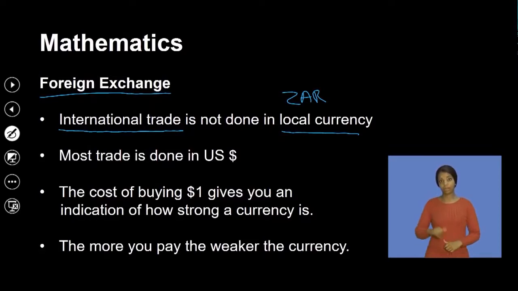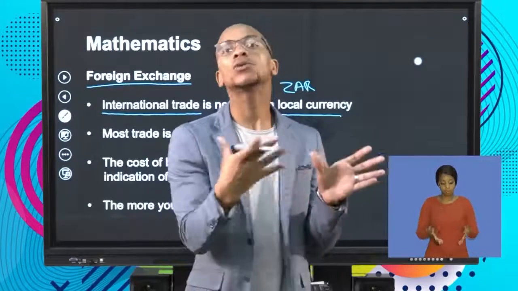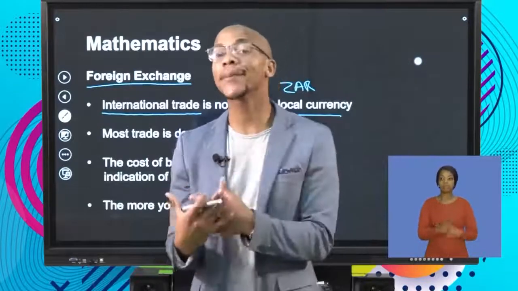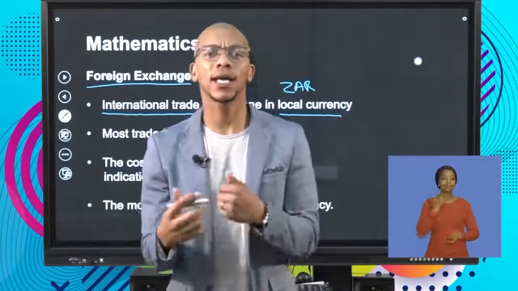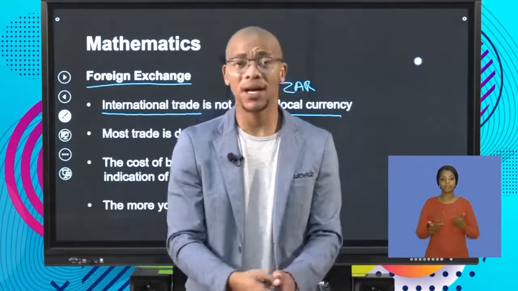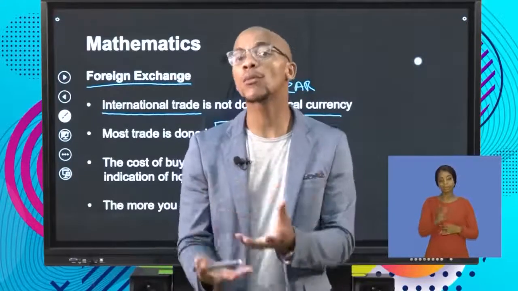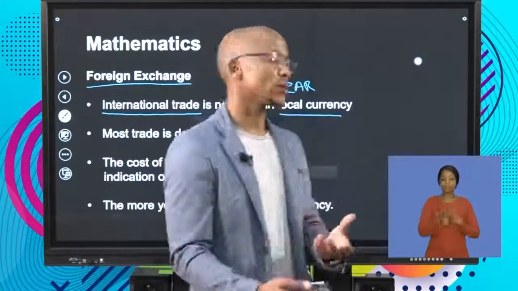But this trade is mostly done in US dollars, because this is your most commonly used currency in almost all the states. So this is what makes it easier for us to buy things maybe in the US or in England when we are here in South Africa. So that's the most common trade that is being used.